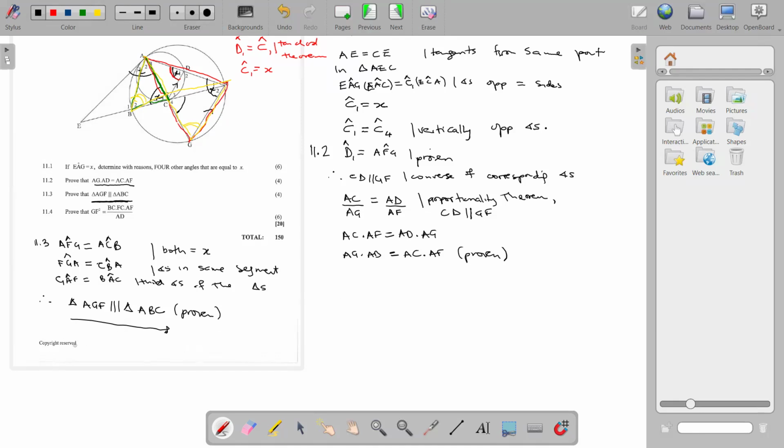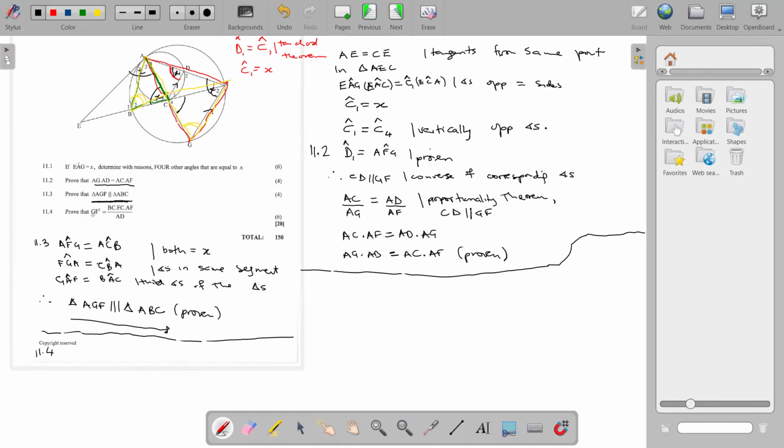Right, we are doing the last part of the question, which is 11.4. If you check that question, there are things that are given.